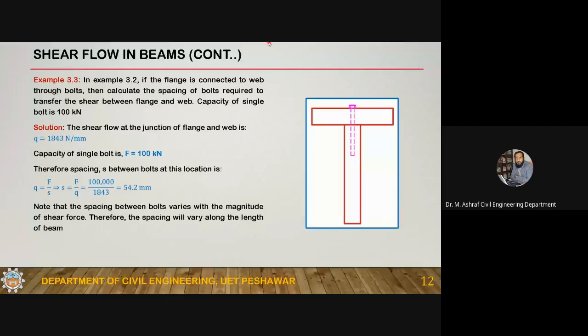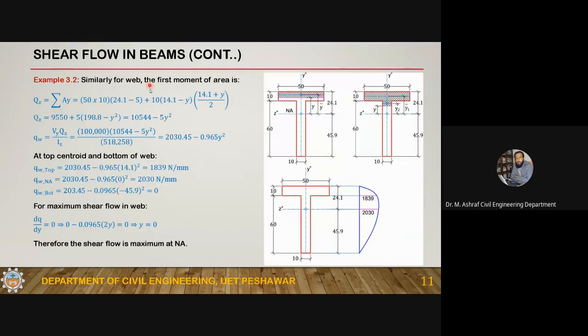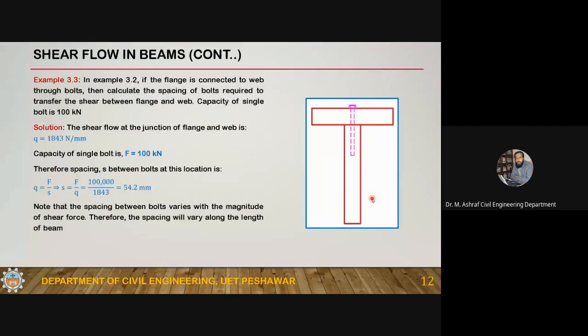So here you can see that this is the case in example 3.2. In example 3.2 we calculated that at the junction the shear flow is 1839 or 1843. So 1843 is the shear flow at this location.